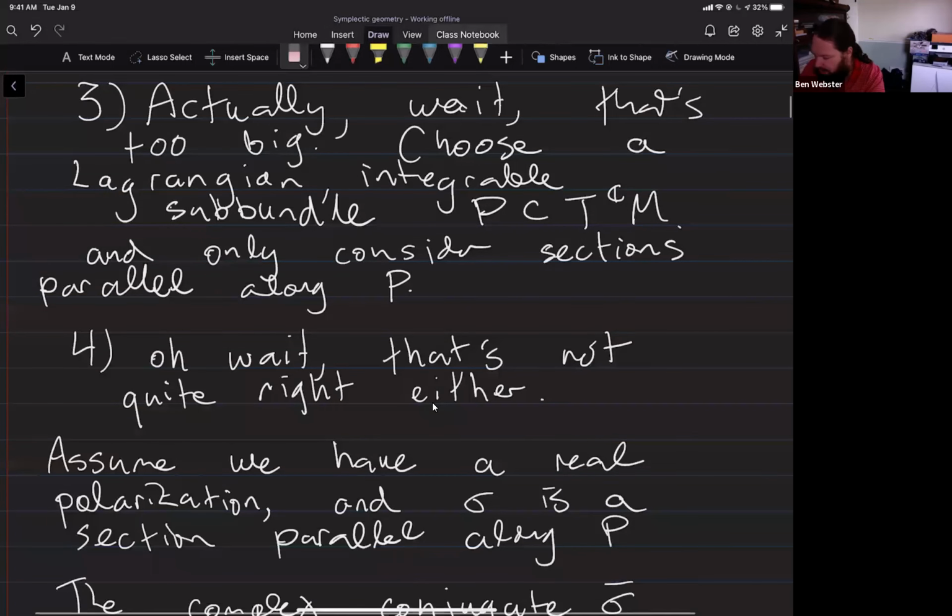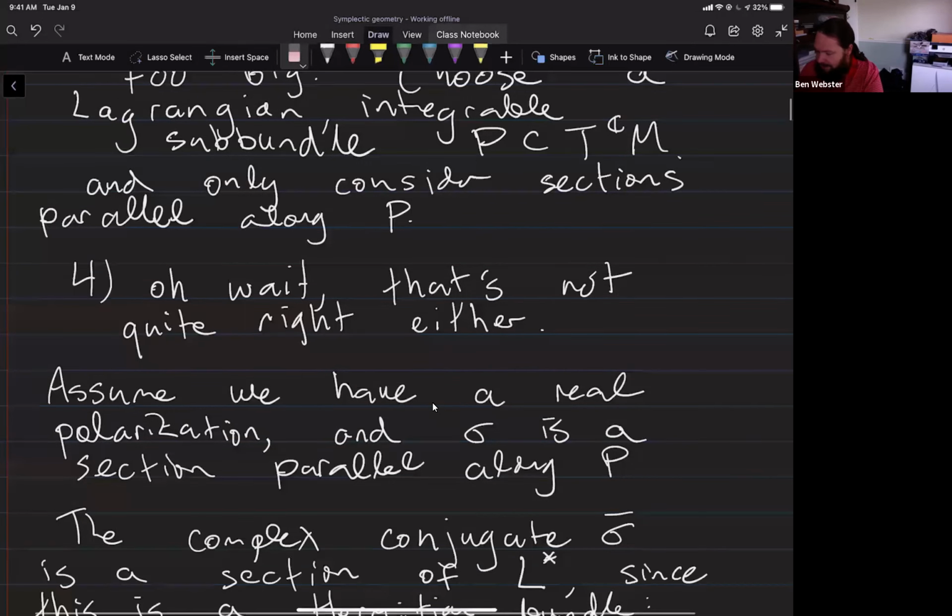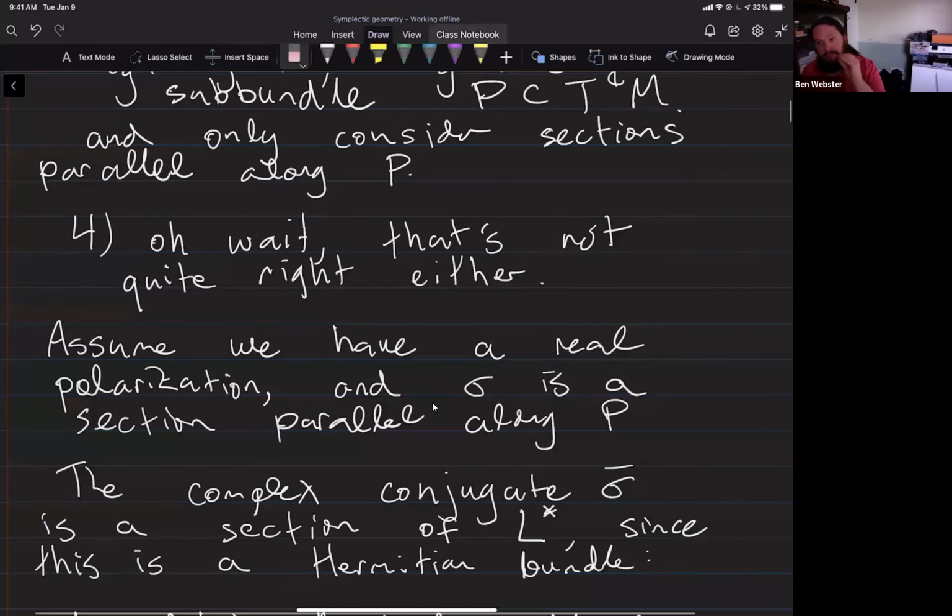Because if we have a real polarization and we have a section sigma that's parallel along the polarization, now if we take the complex conjugate section, so what happens when I take a line bundle and I take the complex conjugate of a section of it? I get a section of a different line bundle whose transition functions are gotten by taking the complex conjugate of the transition functions for my original line bundle.